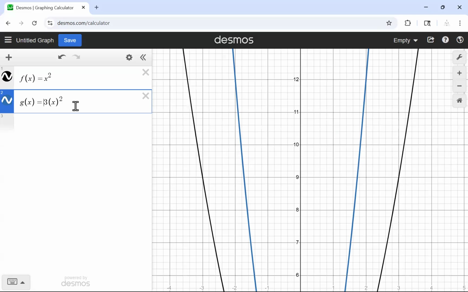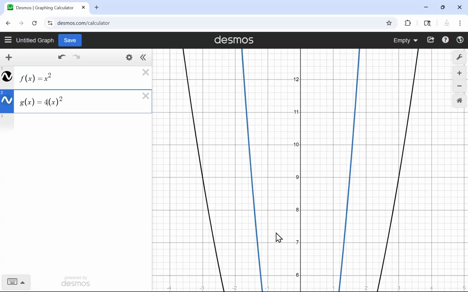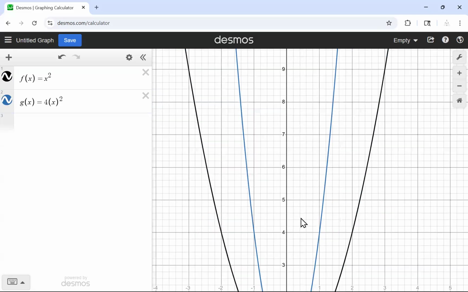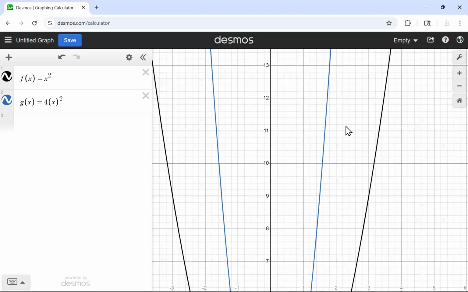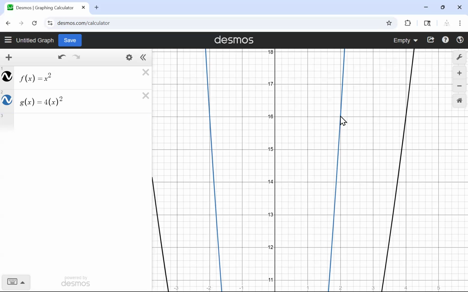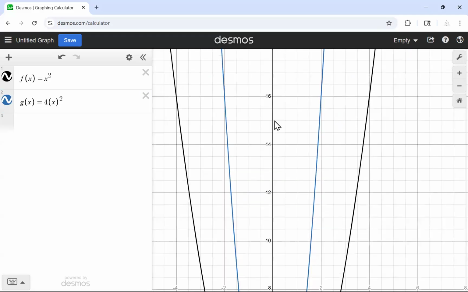And if I would have multiplied by a 4 out front, then 1, 1 gets vertically stretched to 1, 4. I should have said negative 1, 1 also gets vertically stretched to negative 1, 4. 2, 4 would have gotten stretched out to 2, 16. And sure enough, that's where this stretched out graph goes. That's what we mean by vertically stretched.